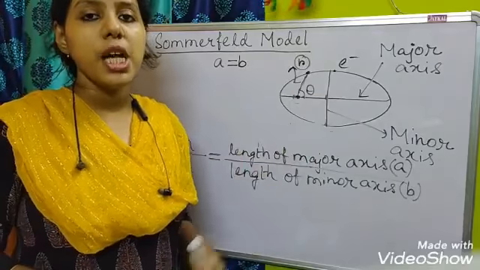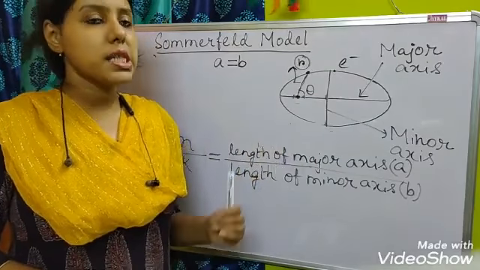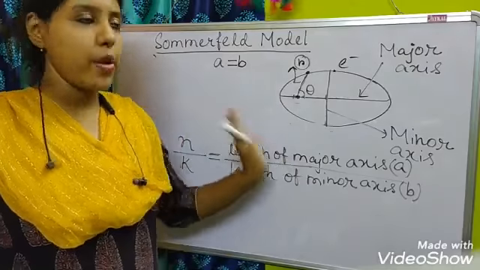In case of a circle, we could see that the diameter is equal everywhere.